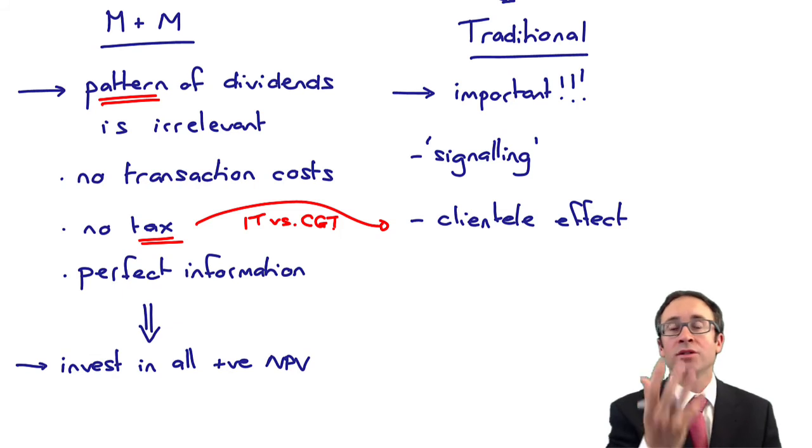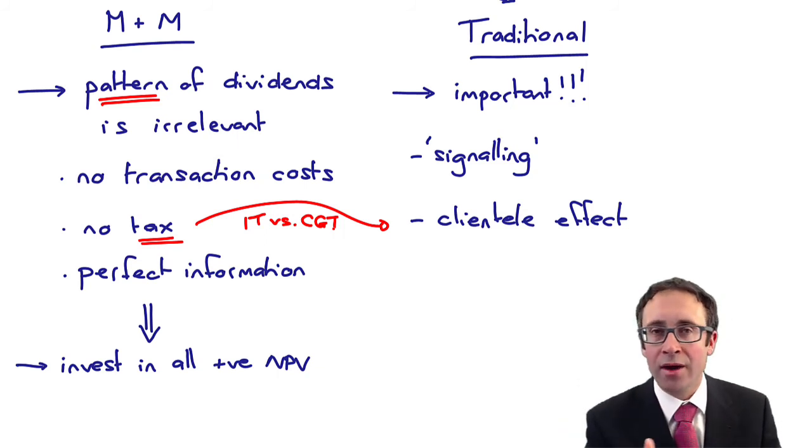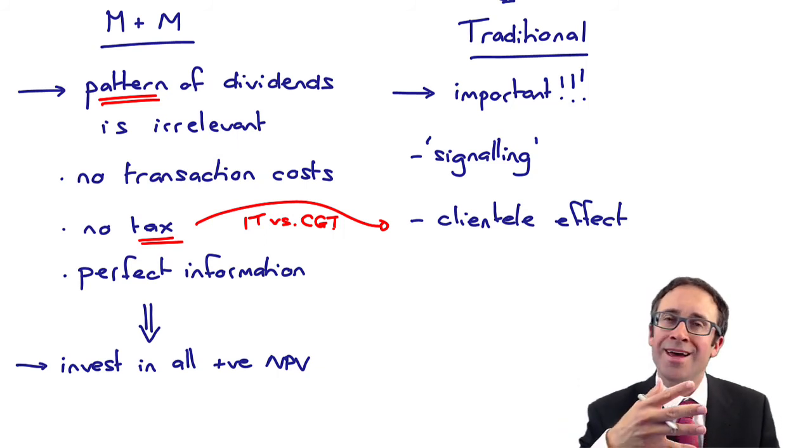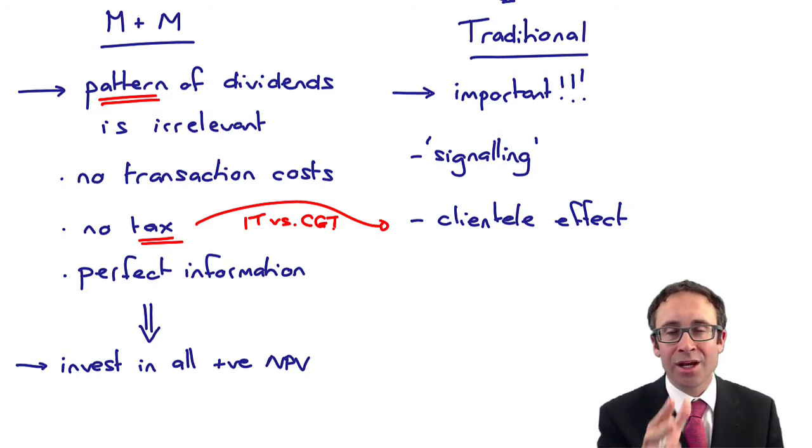Alternatively, you might be an investor who likes that pattern of dividends, and therefore you are subject to income tax on that dividend. You don't want that pattern to change, so that you are now relying on capital growth and to then pay capital gains tax. So you would decide to sell your share because that doesn't suit you as the clientele of that business.